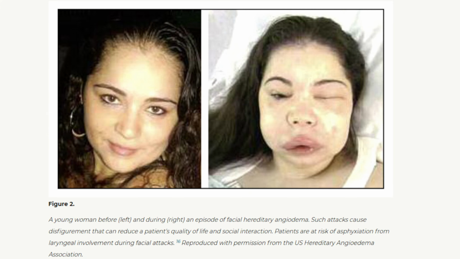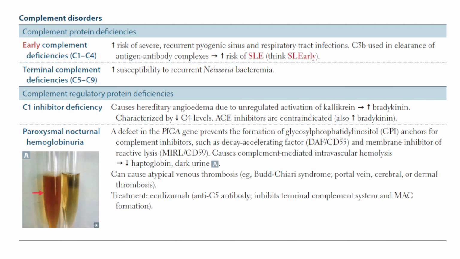You can see a young woman with an episode of facial hereditary angioedema. Keep it in mind. Remember those terms: kallikrein, elevation of bradykinin, and C4 level diminution. Okay, let's get to the next.